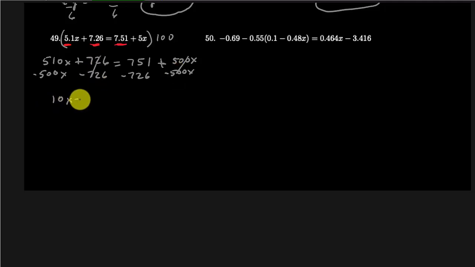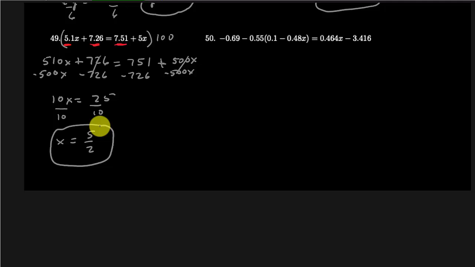We're going to be left with 10x is equal to 751 minus 726, and that leaves us with 25. Divide both sides by 10. We get x is equal to 5 halves. You could put 2.5. It don't matter. Okay, so there's your answer.